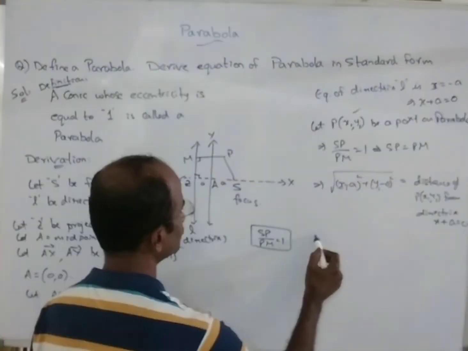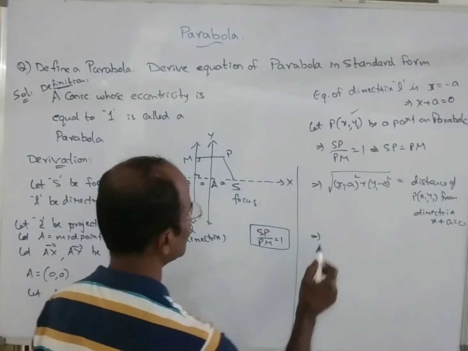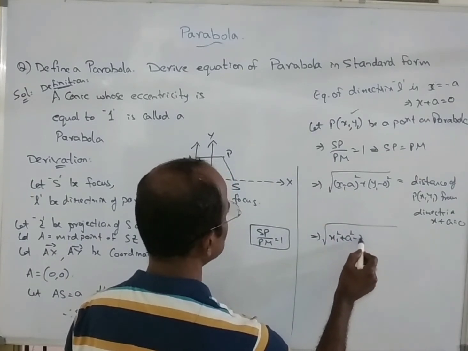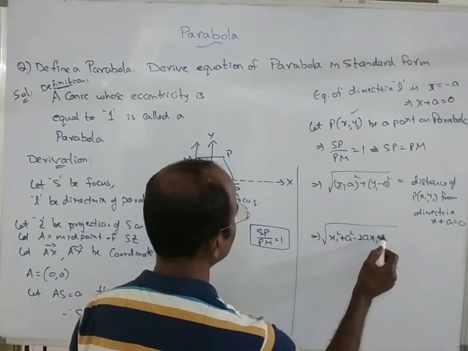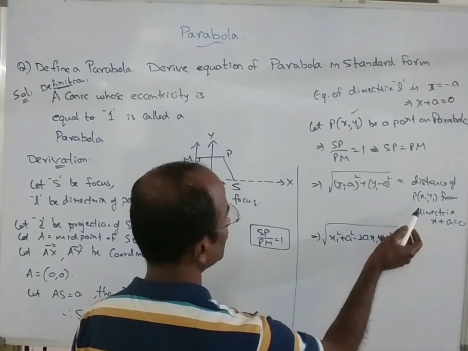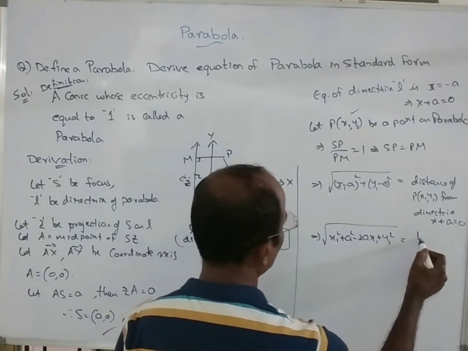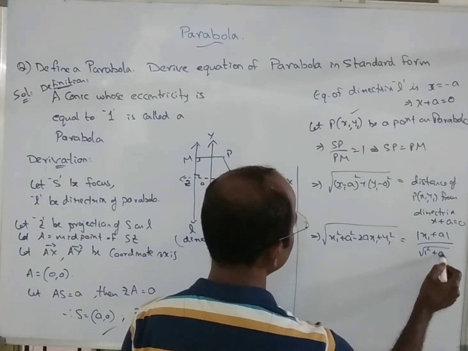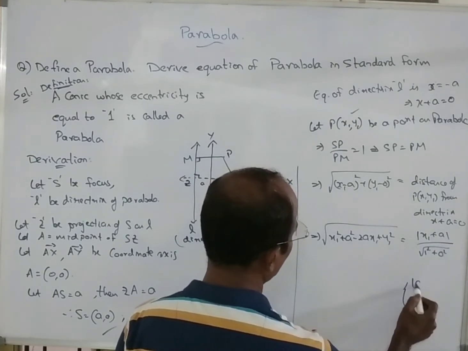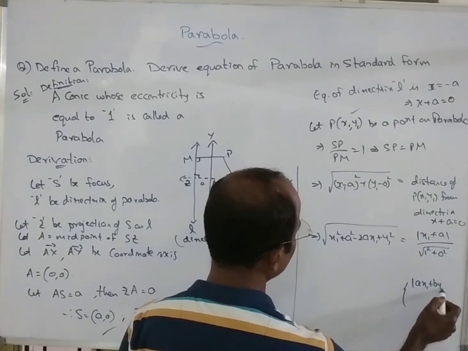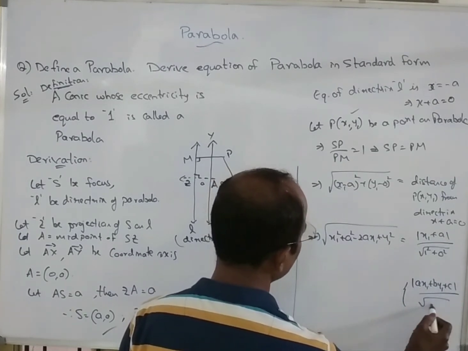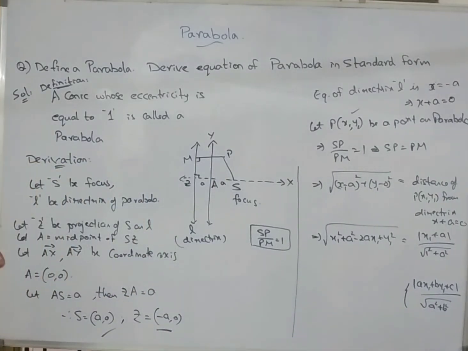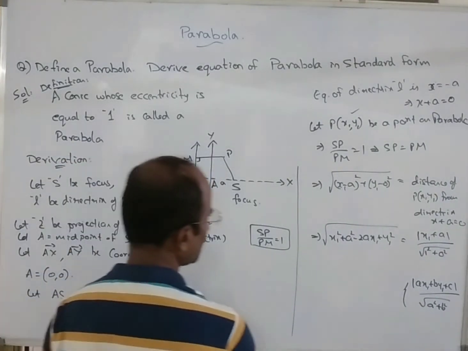Now SP is the root of x1 square plus a square minus 2ax1 plus y1 square, and the distance of a line from a point is what? Mod of (x1 plus a) by root of 1 square plus 0 square. The actual formula is mod of (ax1 plus by1 plus c) by under root a square plus b square, which you get in your straight lines chapter. That formula we are applying here.